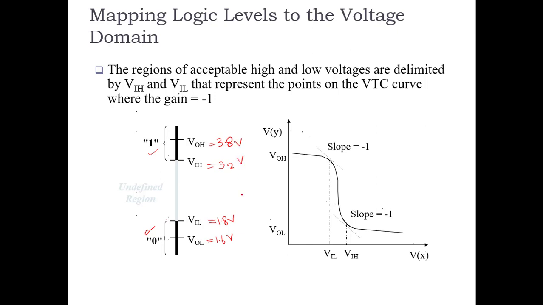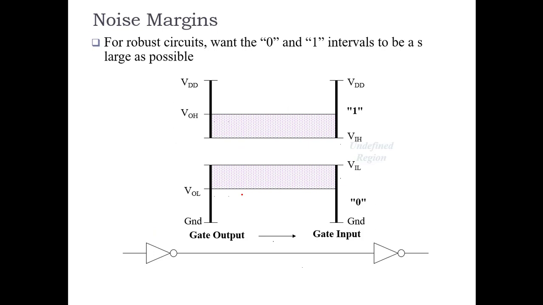What this means is that you hold the sender to a tougher standard. Let me explain this in this slide. For example, we have these two NOT gates. This is gate number 1 and this is gate number 2. They are connected. So this gate will produce the quantities VOL and VOH.